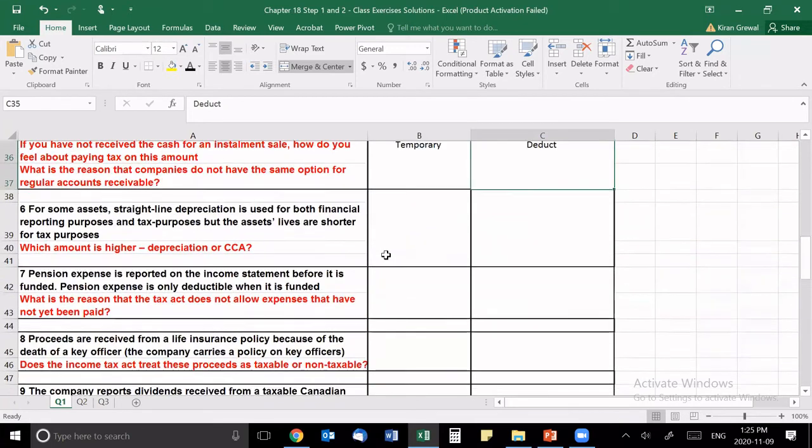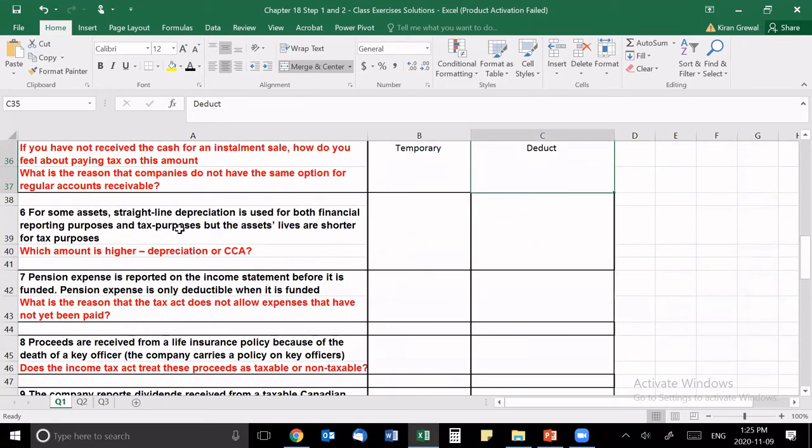For number 6, for some assets, straight-line depreciation is used for both financial reporting and tax purposes, but the asset lives are shorter for tax purposes. Okay, so depreciation versus CCA, we already know that that's a temporary difference because at the end of the asset's life, both will be depreciated 100%. It says the asset lives are shorter for tax purposes.